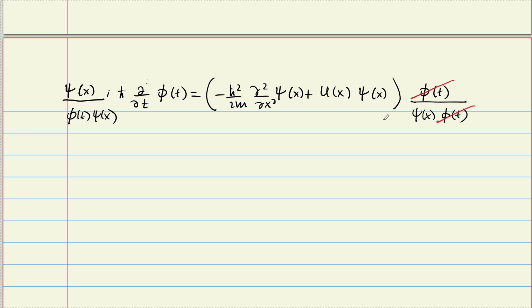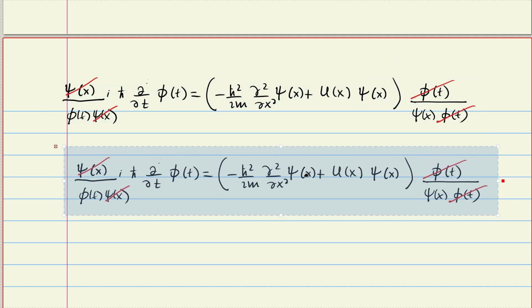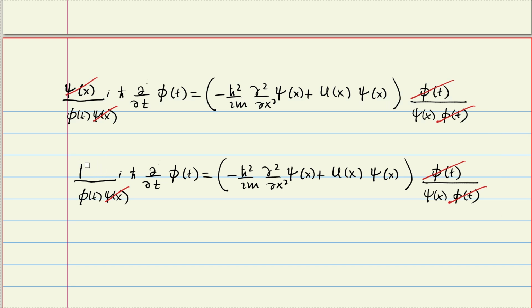Cancel that with this, cancel that with this. Let me copy this and simplify. This is like that, clear this. This is 1. So this is gone, this is gone, this is 1.